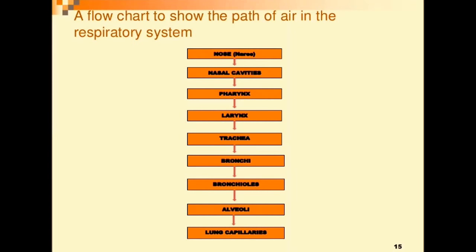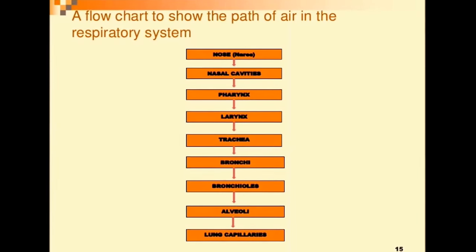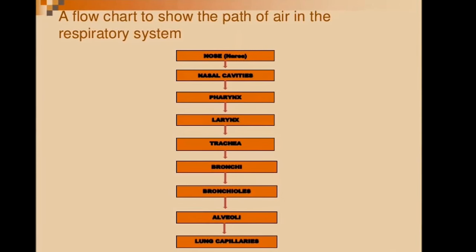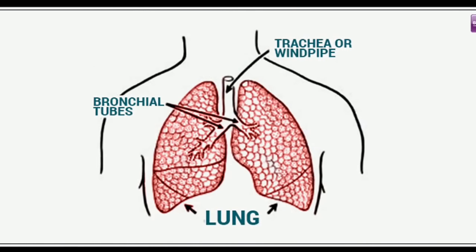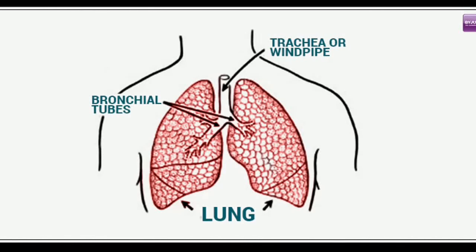Nostrils, nasal cavity, pharynx, larynx, trachea, bronchi, bronchioles, and it enters into the lungs and alveoli, and then blood capillaries. This flow chart shows the air passage in the human body. Gases are exchanged into the blood by the simple method of diffusion. In this way, oxygen enters into the blood.